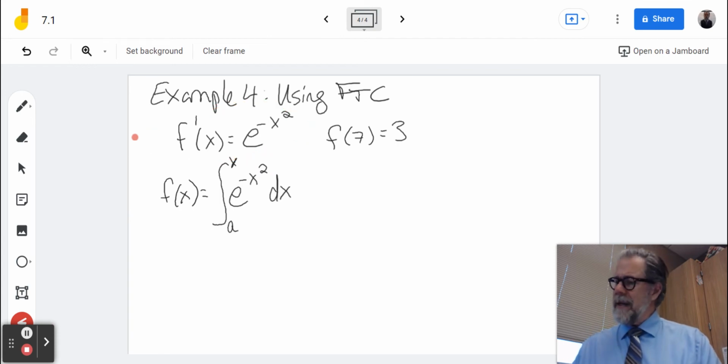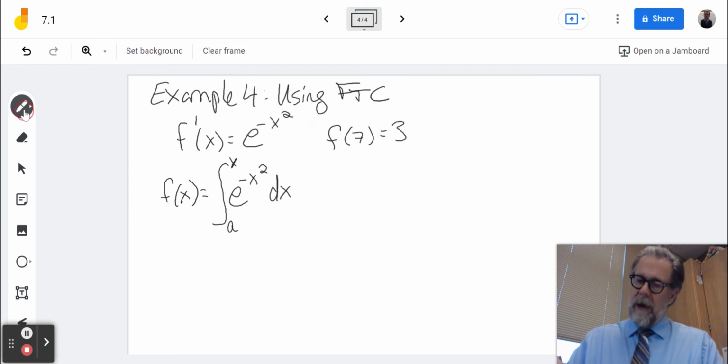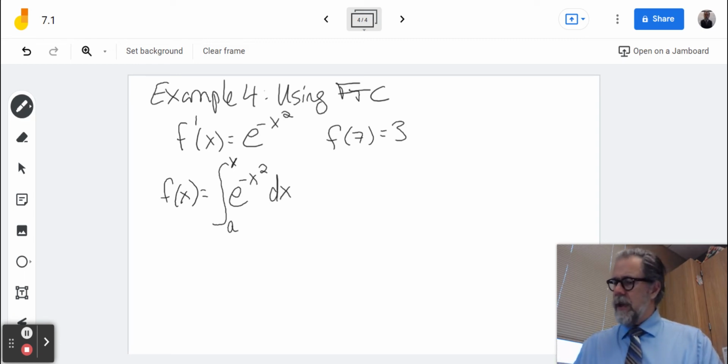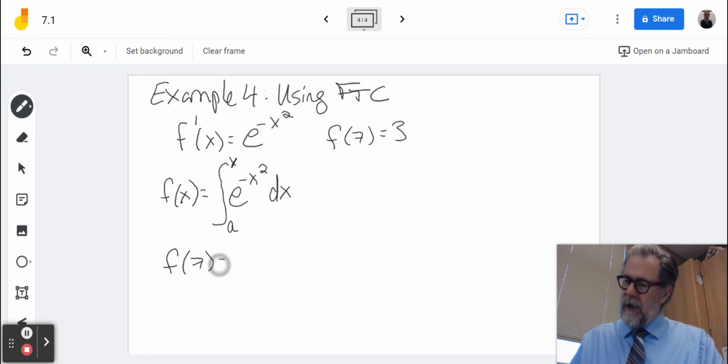Now, how do I deal with the initial value? Well, let's start by saying that when x is 7, this is equal to 3. So f of 7 is equal to the integral from a to 7 of e to the -x squared dx.